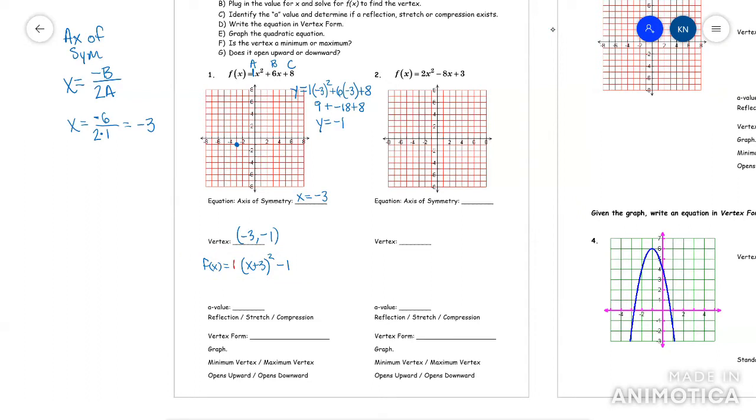Now I can use this to, just like in the previous video, set up an XY table using these parent function coordinates and just apply my transformations to the table. So the first transformation would be this +3. It's lying, so do the opposite, and it affects my x values.